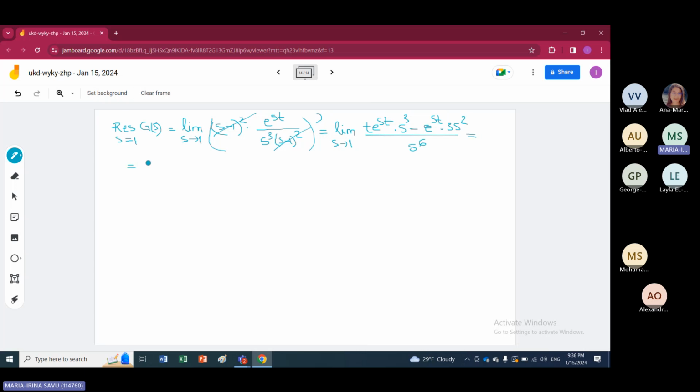S is 1, so t e at t minus e at t times 3, and this is it. Okay, so the function f of t will be the residue in 1 plus the residue in 0. And that's all.